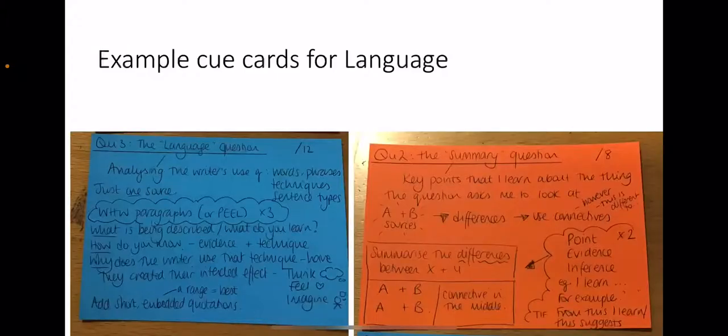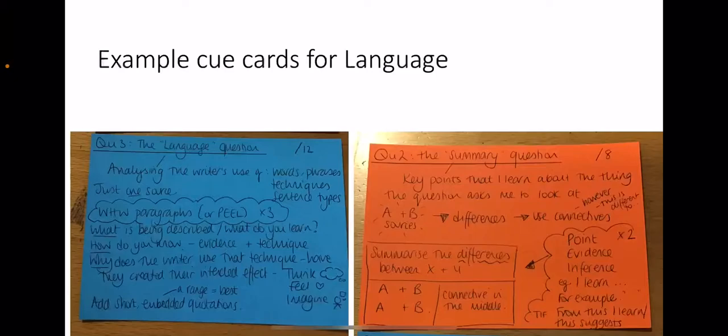From your notes, the next strategy is to think about cue cards or flashcards. Here are some really nice examples of cue cards or flashcards made by me. So for example, for the language questions, you want to put things on there that will actually help you remember what each question is asking you to do. That's the sort of thing you need to revise for English language, which is a skills-based exam.